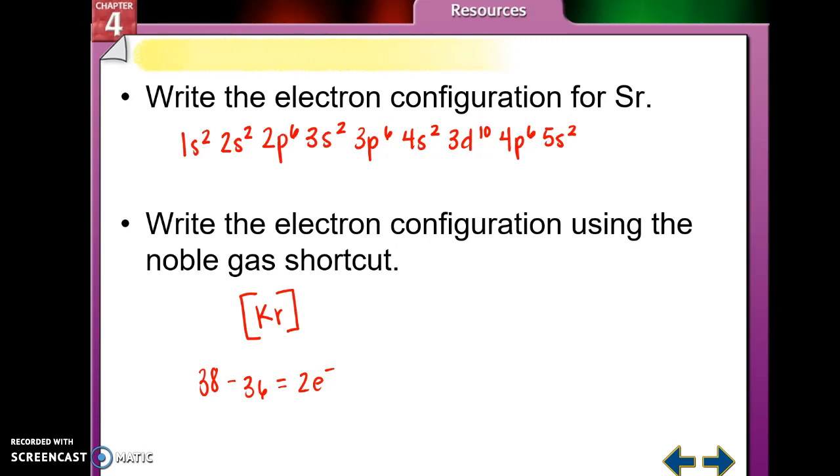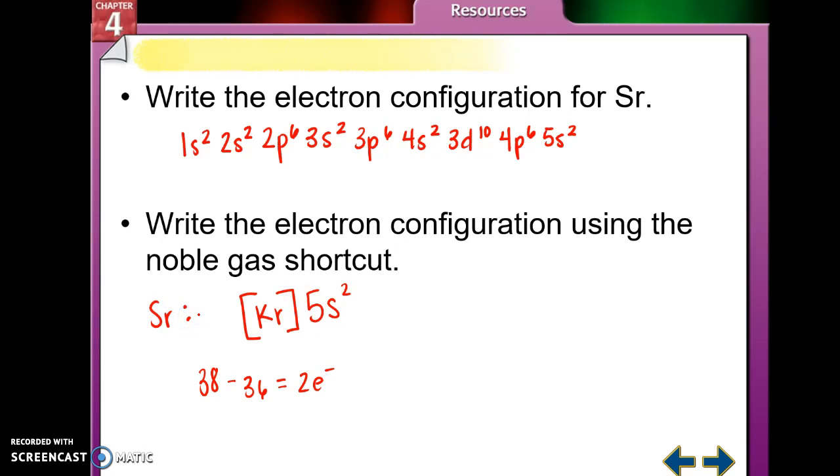Since strontium's on the 5th period, I start at 5s. I can't start at 1s because strontium is not on the 1st period. The s orbital can hold 2 electrons. That's all I have to write for my noble gas shortcut for strontium.